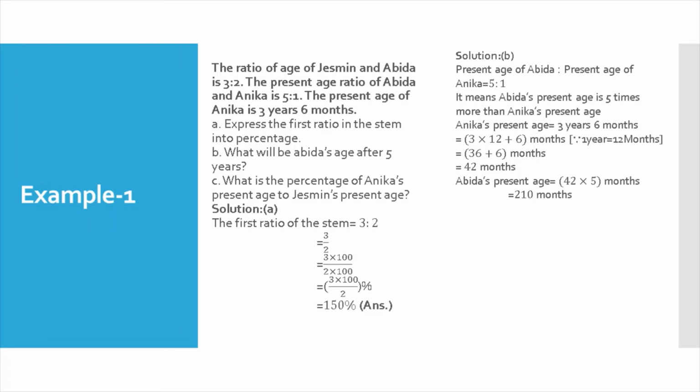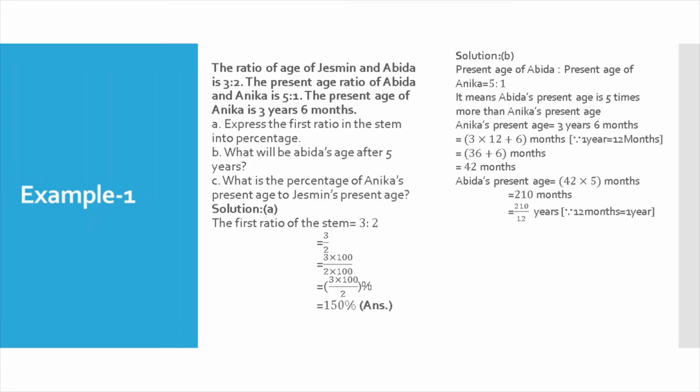So 42 multiplied by 5 gives 210 months. We have to convert these months into years, because at last we have to write the answer in years.